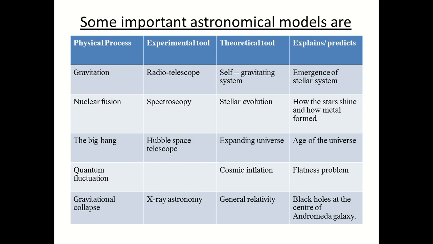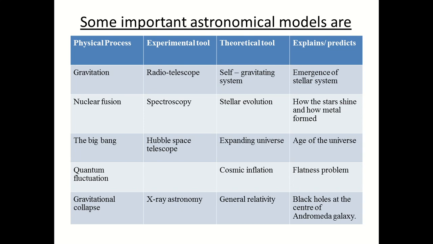These all, the sun, the planets, the comets, the asteroids, form the solar system. So it is a stellar system. How this stellar system has emerged is explained by using the theoretical tool, the self-gravitating system.